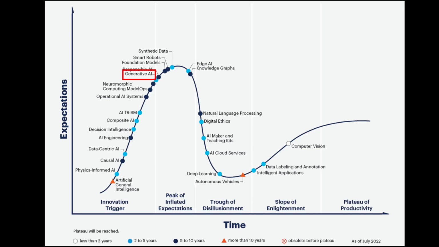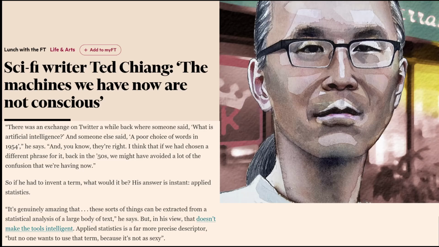And every time I talk to an administrator in our department or someone else, I'm always cautious to say that the word AI, as we talked about in the very beginning of this class, doesn't really mean anything, right? It's whatever anyone who wants to sell you AI technologies wants it to mean. So this is sci-fi author Ted Chiang, who basically says that the words artificial intelligence were created by a think tank group in the 1950s, and then the idea stuck because it sounds super cool, but it doesn't really mean anything.